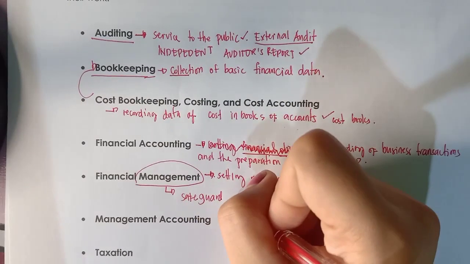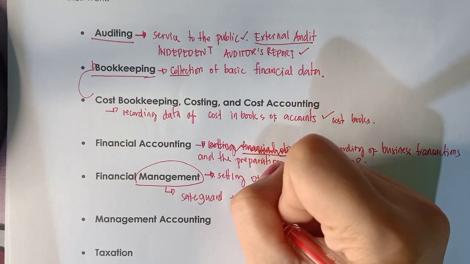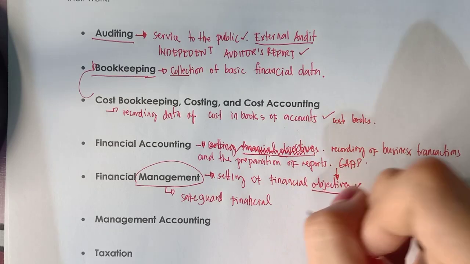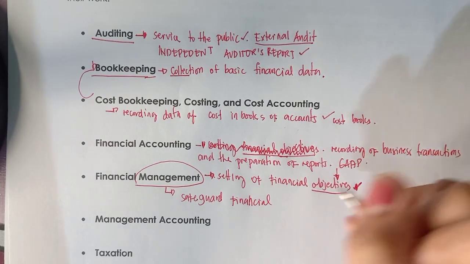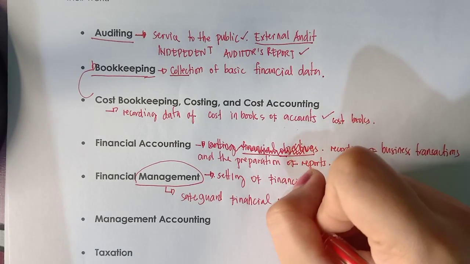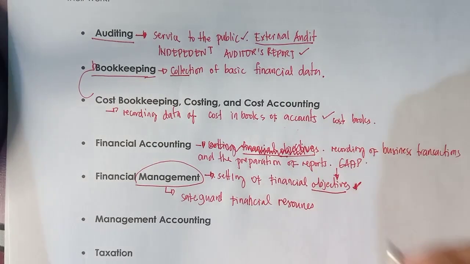So, it will safeguard also the financial resources of the entity. So, aside from setting financial objectives, in order for them to make plans to achieve those objectives, so financial management also will safeguard those financial resources of the entity.